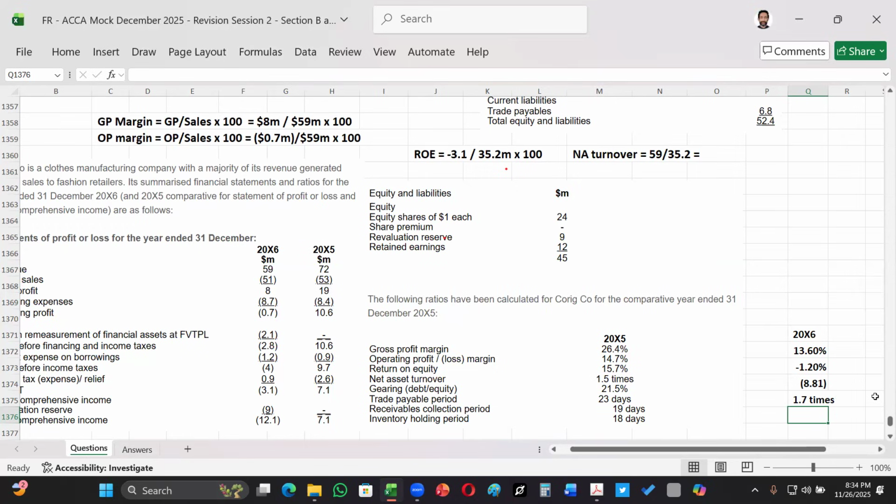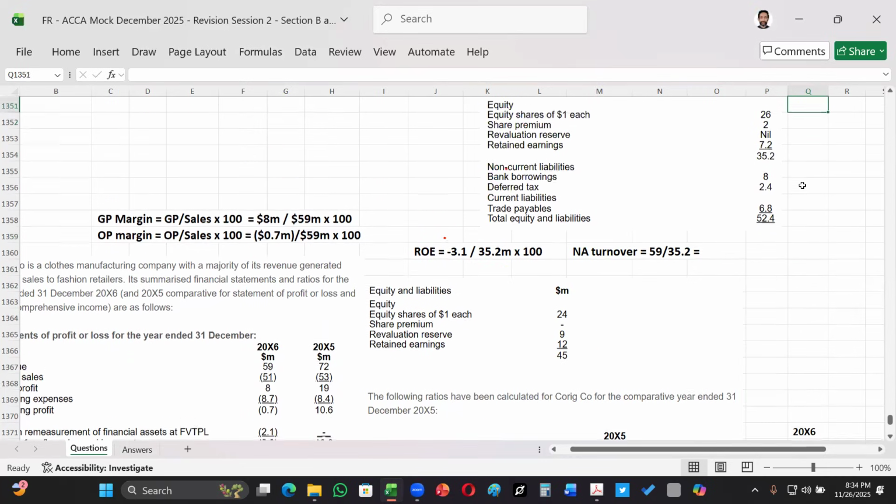Okay, and now we look at the gearing. The debt that we have here is the information. So the long-term borrowings are 8 million and the equity is 35.2. So we say that we have this gearing.